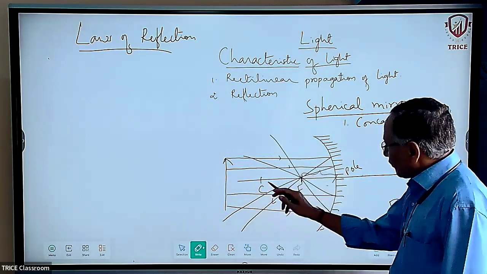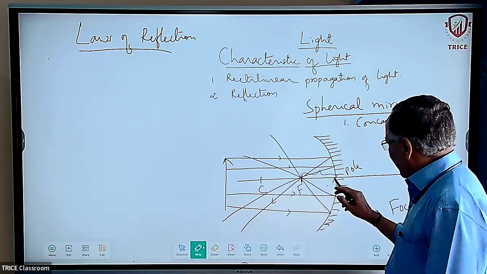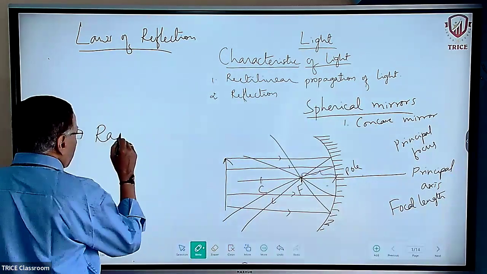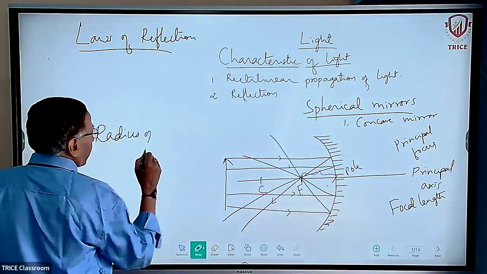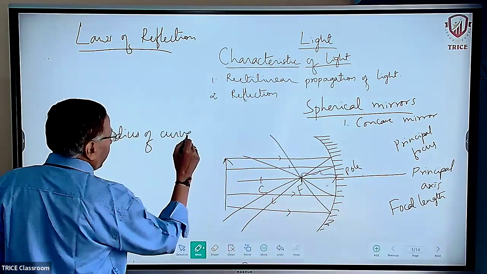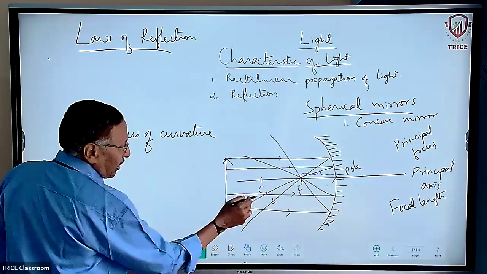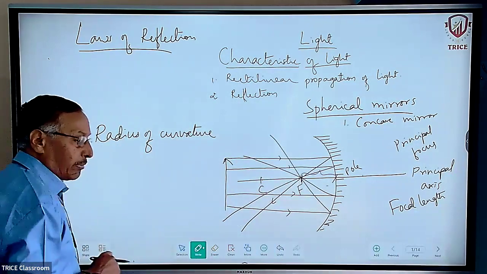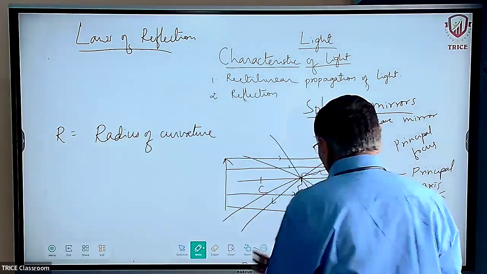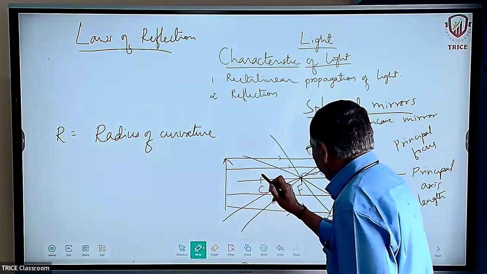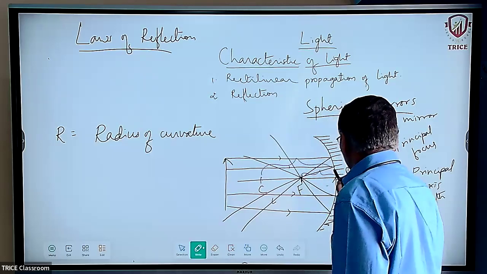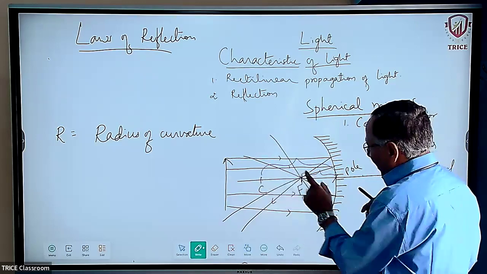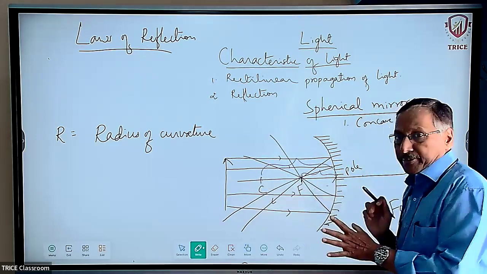And the distance from center of curvature to pole is also called radius of curvature, represented by the letter R. You see, this R is double the focal length.